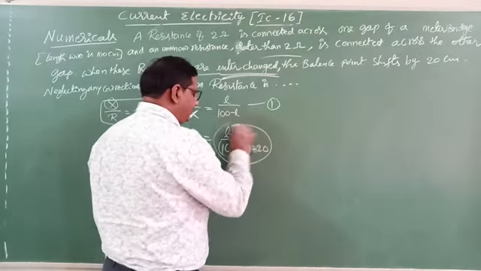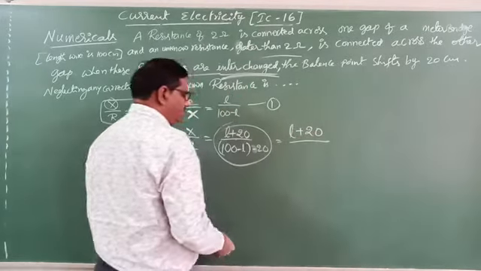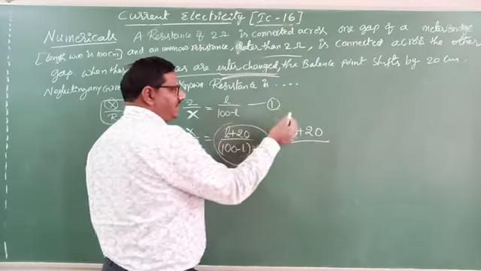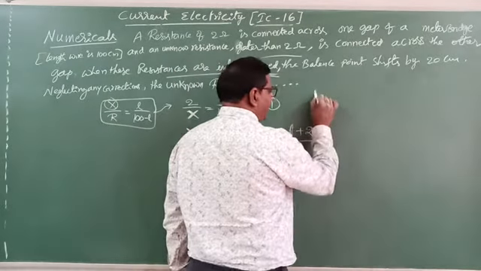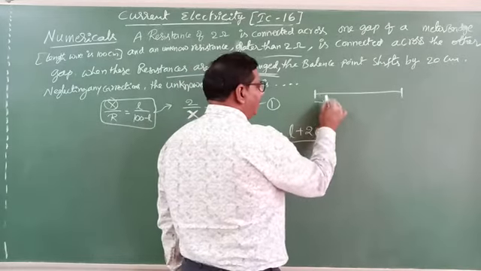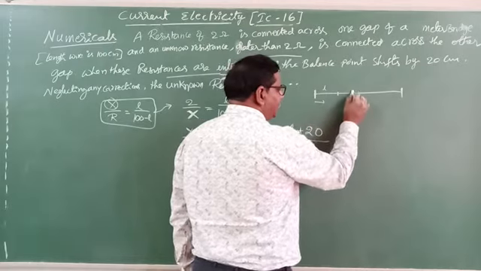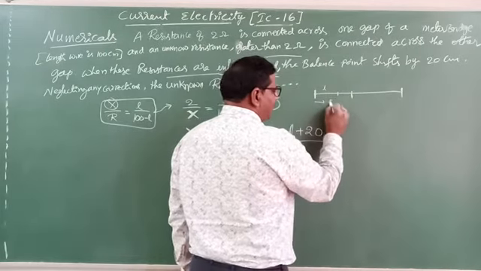Suppose here on the left is one point and here the 1 meter wire. From here up to here is the balancing length; now it shifts 20 centimeters extra. So it is L plus 20.